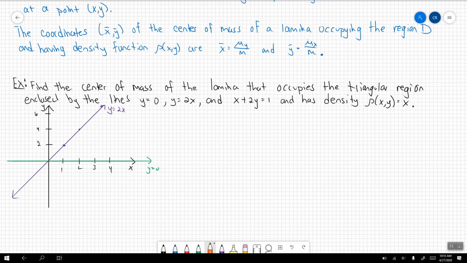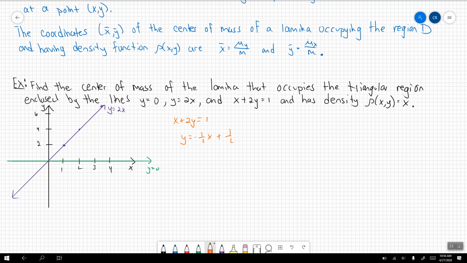And now we're going to get the last line, which is x plus 2y is equal to 1, which I'm going to solve for y. That should be negative 1/2 x plus 1/2. Making sure that was negative x plus 1, then divide by 2, perfect.